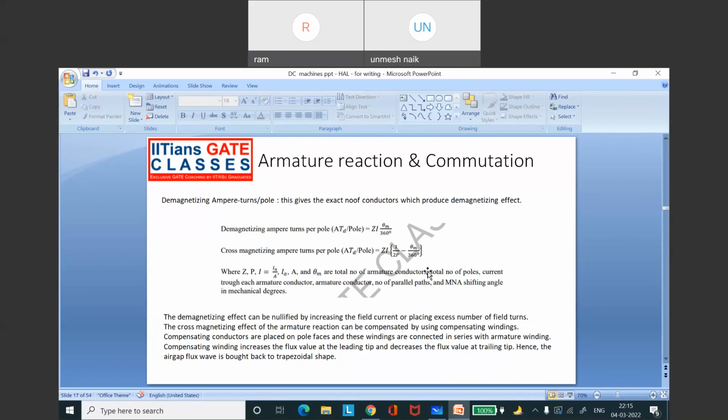But here actually we can't use the formula because he hasn't given the theta m.